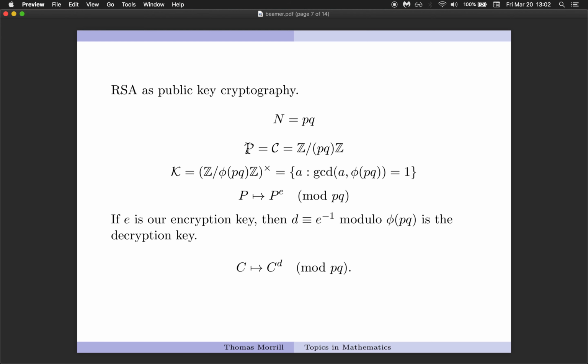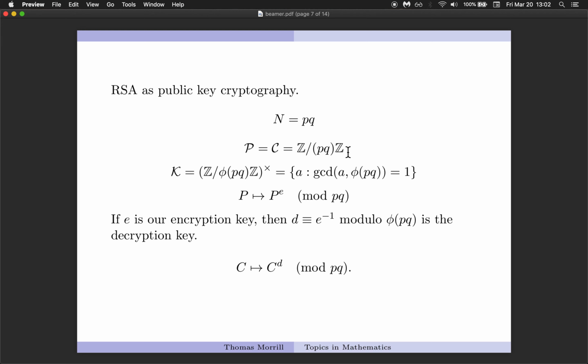The set of all plain text messages I'm going to work with is the same as the set of all ciphertext messages. These are just going to be residues modulo N, or you can write it as residues modulo p times q if you prefer.